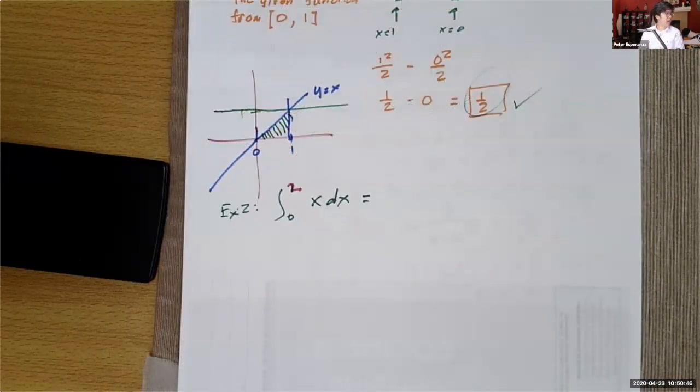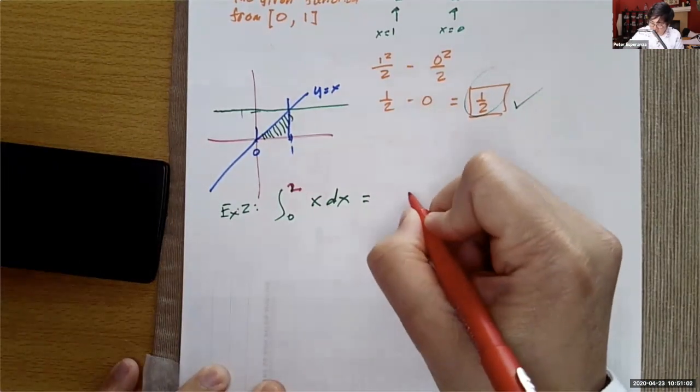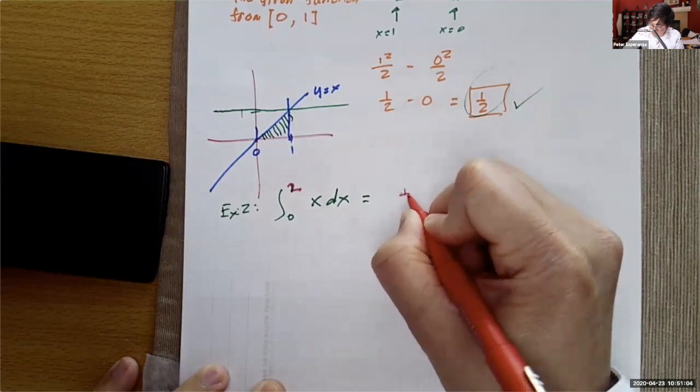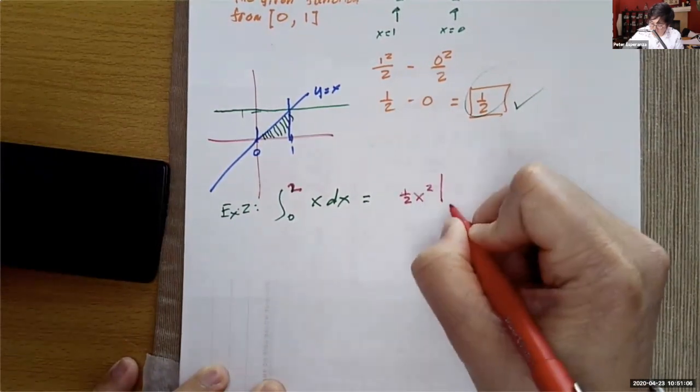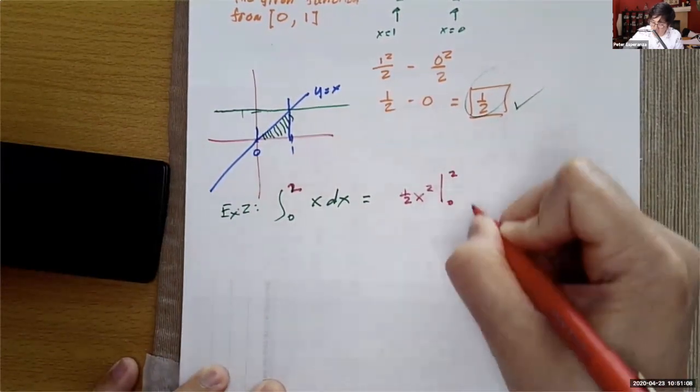Alyssa says 2, Eternity says 2, Rebecca says 2. So now you have 2 square units of your area under the curve. The integral of x dx is 1/2 x squared, and you're going to evaluate it from 0 up until 2.